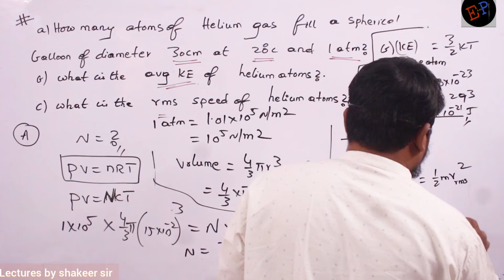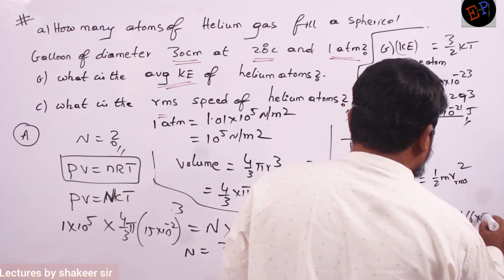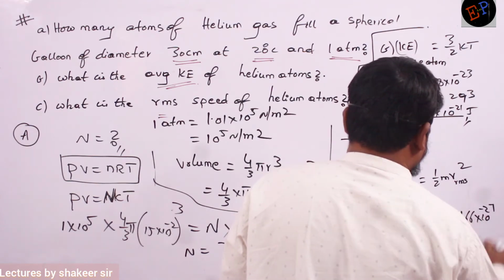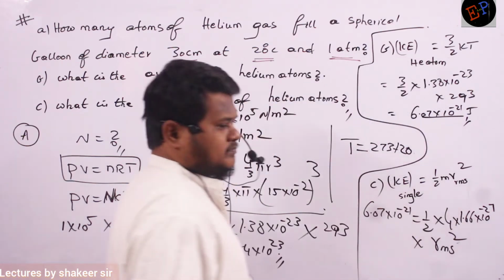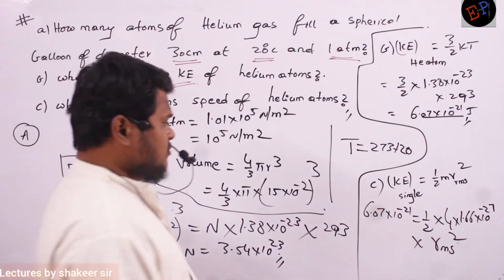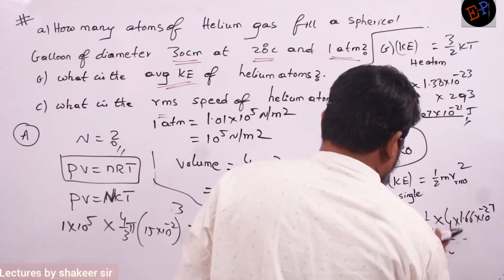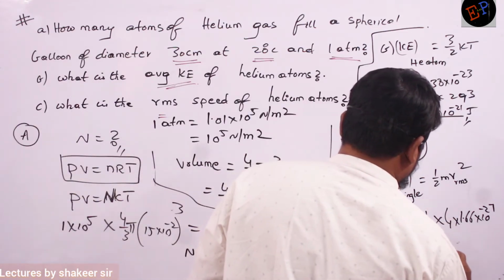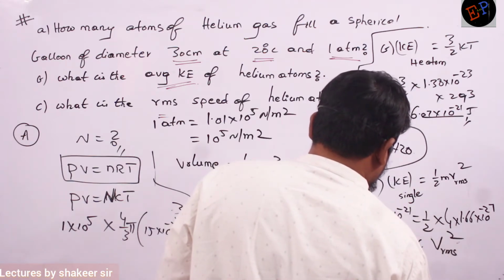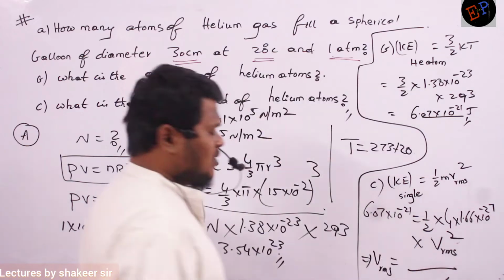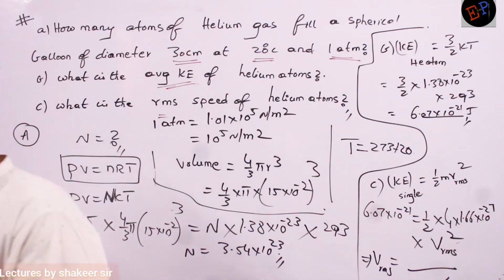So 4 into 1.66 into 10 power minus 27 kg, multiplied by v RMS square. So from here you will get v RMS. Calculate v RMS from this one, that is my required answer. And the answer which you should get is, he gave it in terms of kilometers.